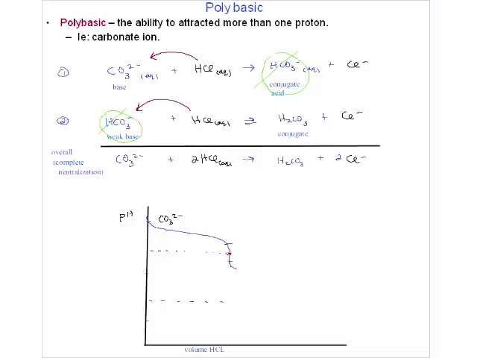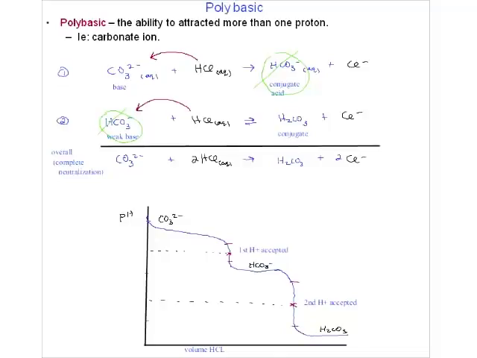HCO3 is going to be above 7, and what we're going to see is the curve is going to level off above 7. And what we're going to continue doing here now is keep adding hydrochloric acid. So now we're going to have to neutralize this base. So it stays a little bit level, and then all of a sudden when we've added enough hydrochloric acid to neutralize that, the pH is going to plummet, and it's going to drop way, way down to the pH of the hydrochloric acid because the hydrogen's in excess here now.